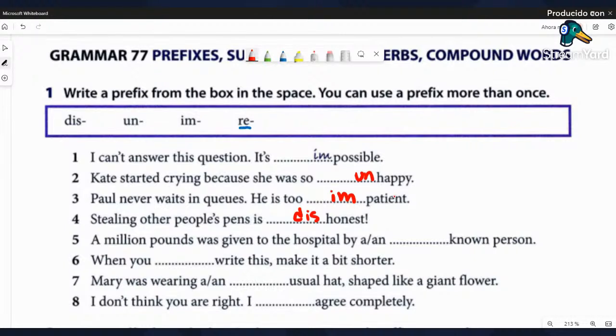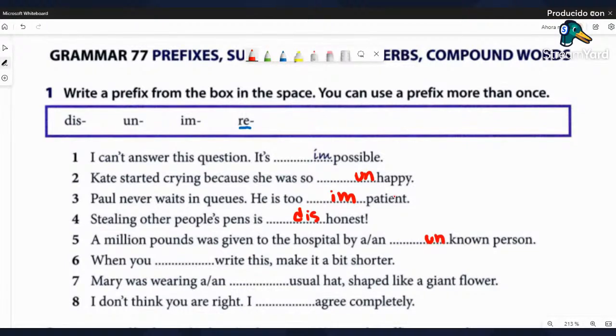Number 5, £1,000,000 was given to the hospital by an person that you don't know. I mean, a person that was given £1,000,000 to the hospital, we don't know that person. If we had known him, probably we would have the name. Unknown person. You see?